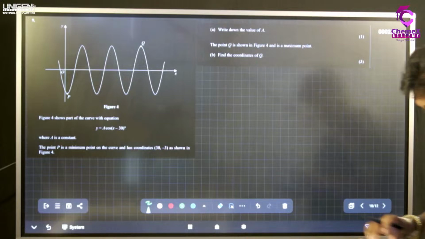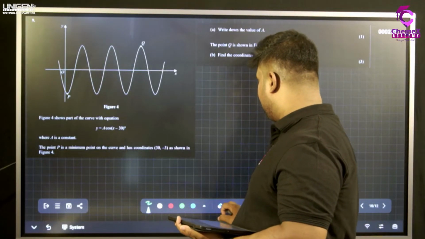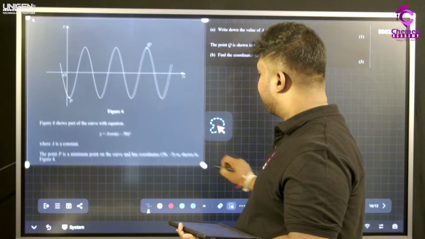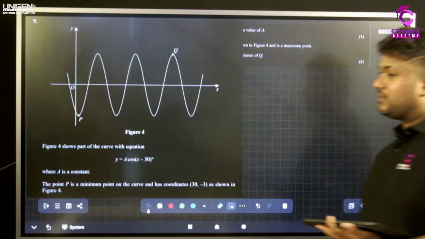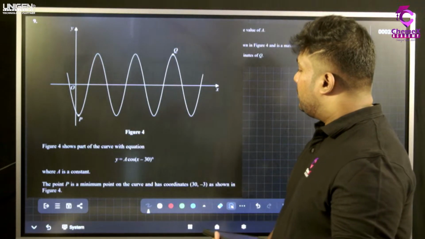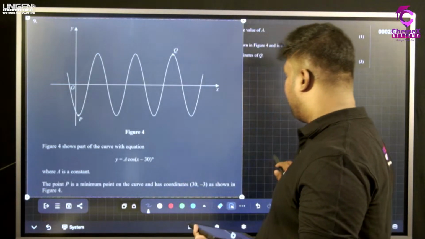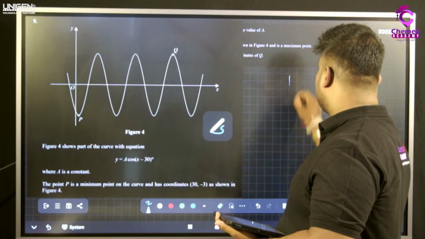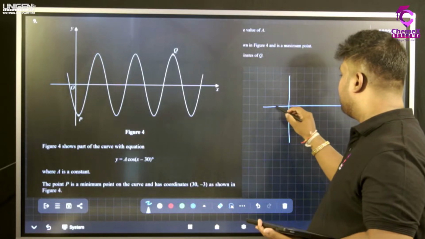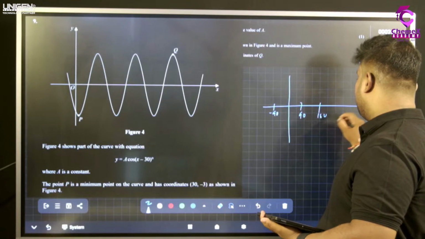Okay, 9th question. That's always something which comes. Nowadays, these questions are more in your latest papers. Before taking the question, first draw the cos x graph. Can someone say what is cos -90, 90, 180, 270?